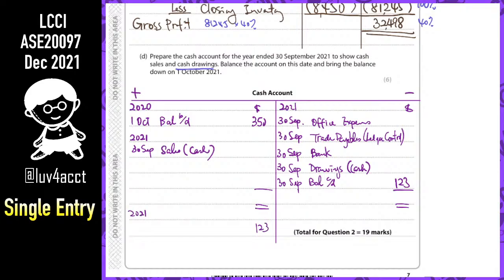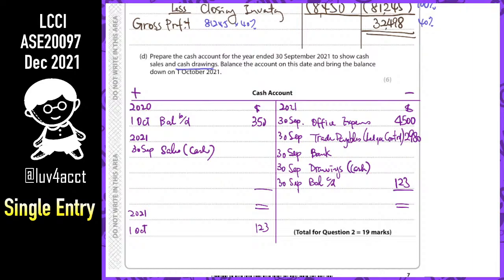Year 2021, 1st of October. Office expenses are given directly as 4500. Trade payables given directly 2980, so we will put it there.